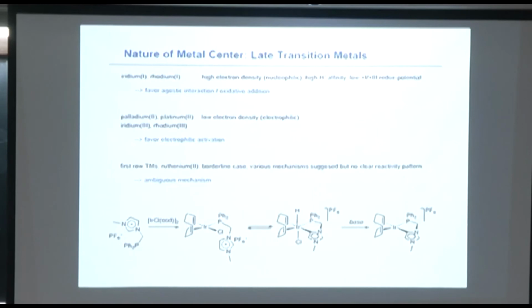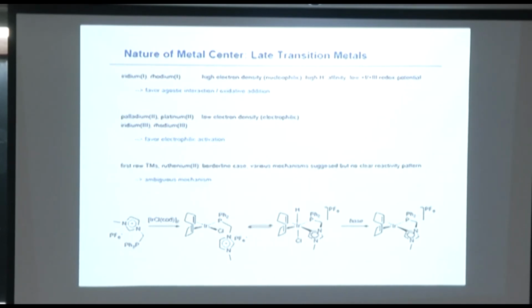Very electron rich metals traditionally undergo oxidative additions, and the prototypes are iridium-1 and rhodium-1, palladium-0, but we do not want platinum-0. So really high electron count, d8, d10. Now we have to be careful with d8 because for iridium, rhodium, d8 is nucleophilic, for palladium and platinum, d8 is electrophilic.